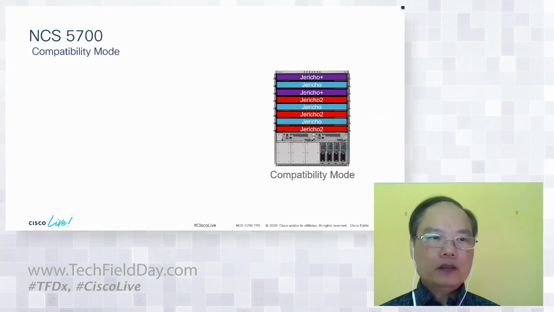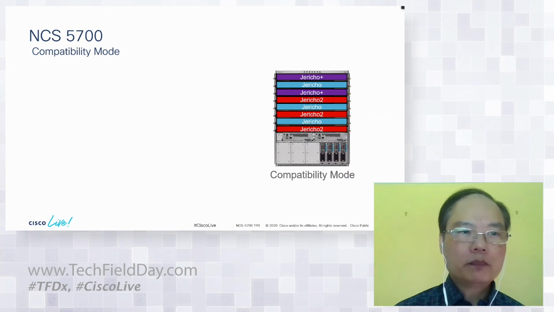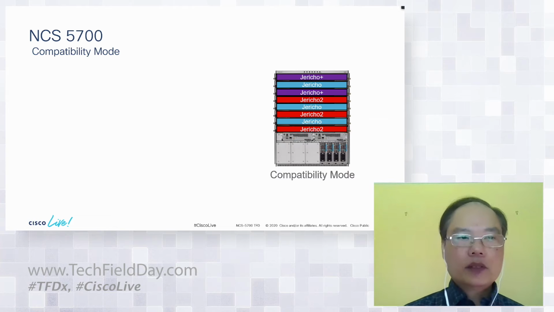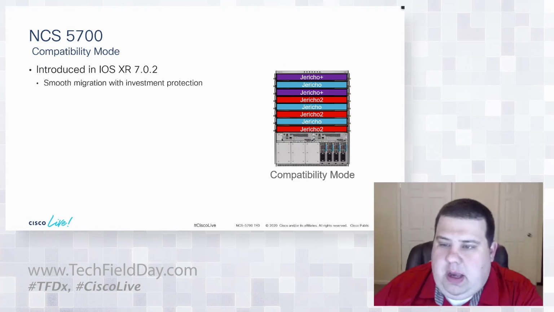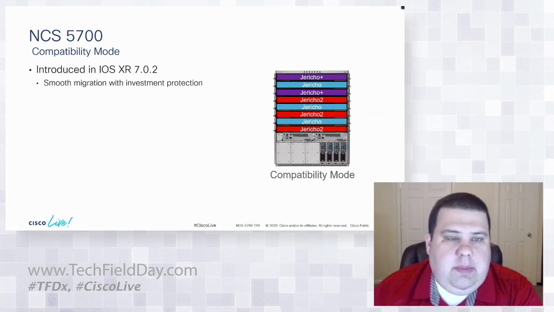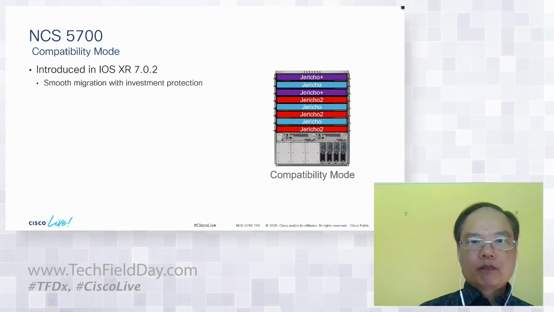It will be in parallel for a period of time because a lot of customers we anticipated will be still using the current installations of Jericho and Jericho Plus line cards. We want to protect the investment. So if they were upgrading line cards over a period of time, they would still be able to continue with the newer code then, correct? Correct. All right, thank you.